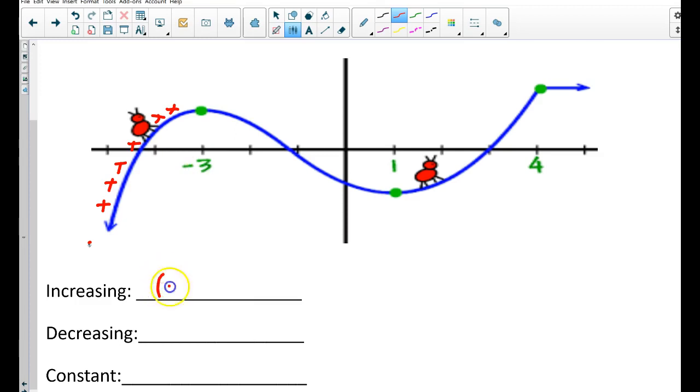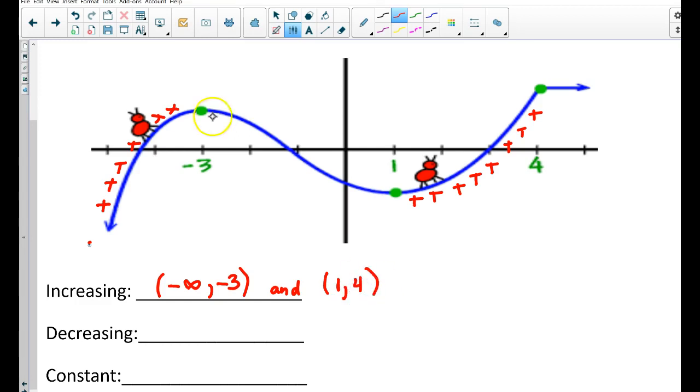So we could see that the function is increasing from -infinity to -3. There's another place that it's increasing. Do you see how it's going up from 1 until 4? So the function's increasing from 1 to 4.